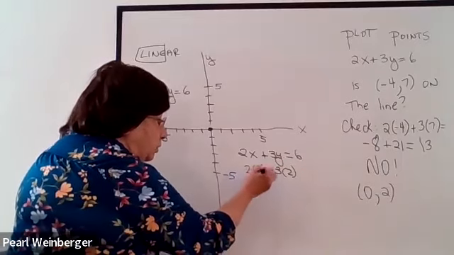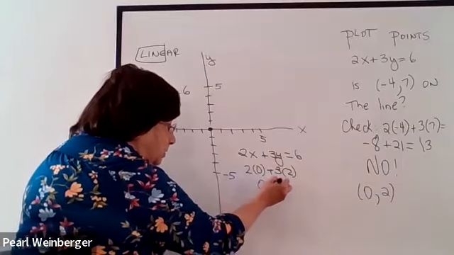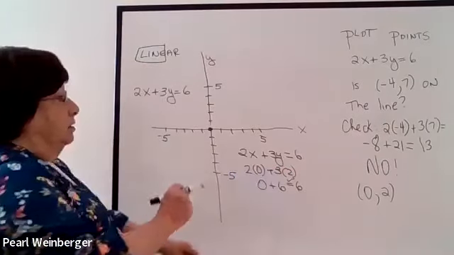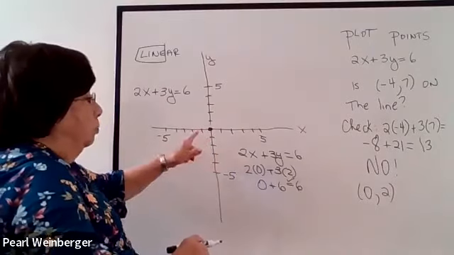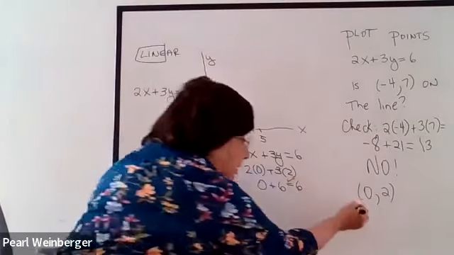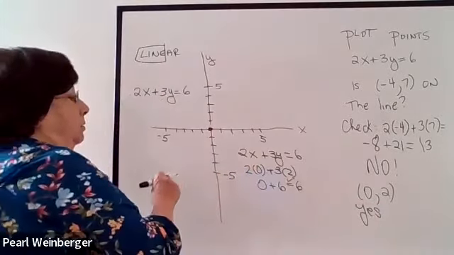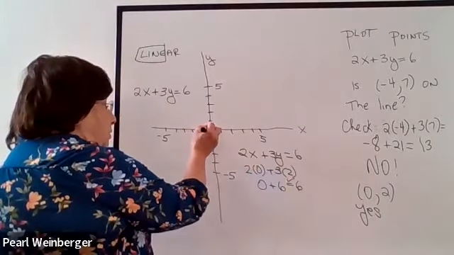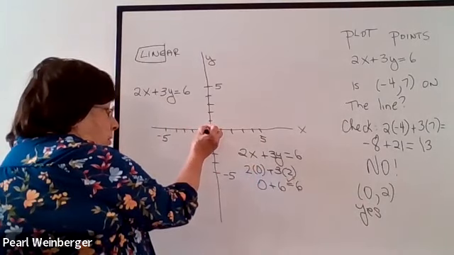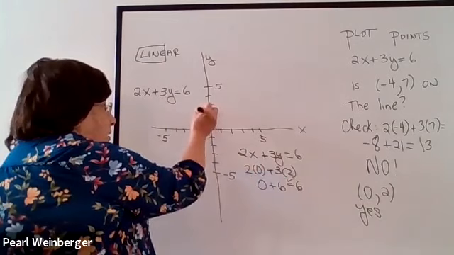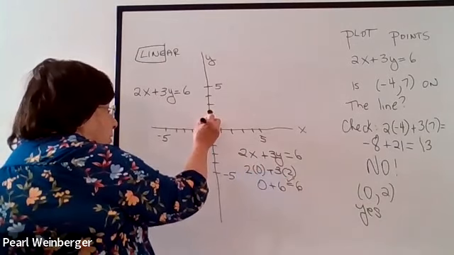And this is going to give me 2 times 0 is 0 plus 6, which equals 6. It checked, which means the point 0, 2 is on the line. Well, where's our point 0, 2? Here my x is 0, so I'm not going left or right on that. Here is a point on the line.